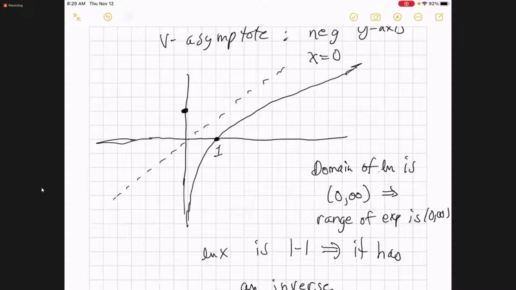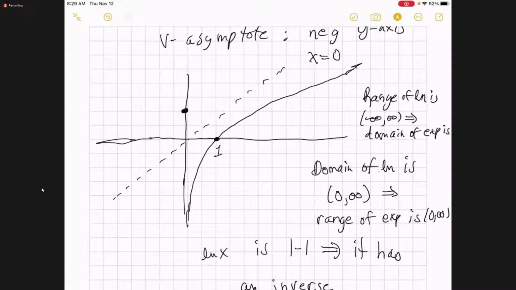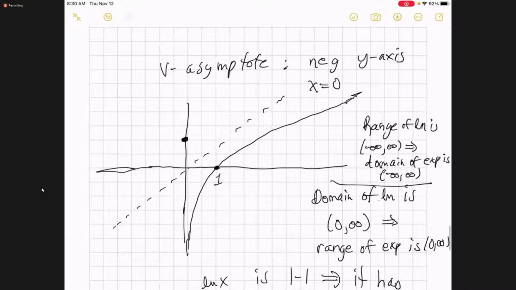Likewise, the range of ln, which is all the real numbers, is all the reals. That means the domain of exp is all the reals. That just comes because you're flipping your ordered pairs, okay?